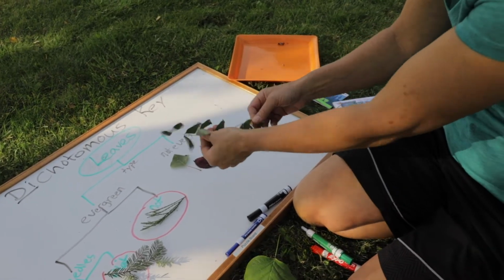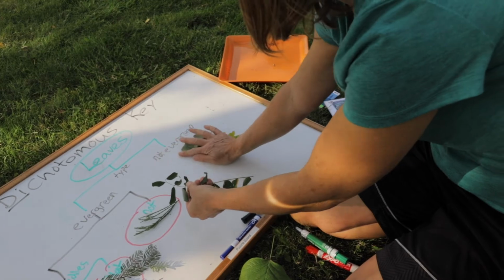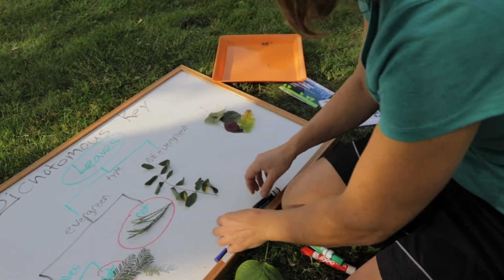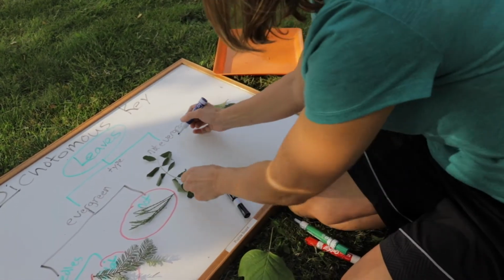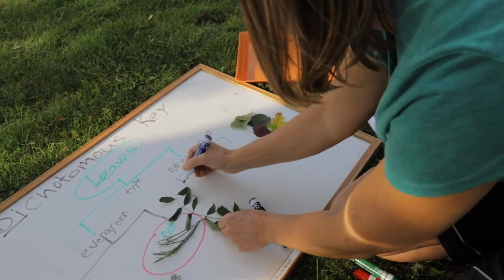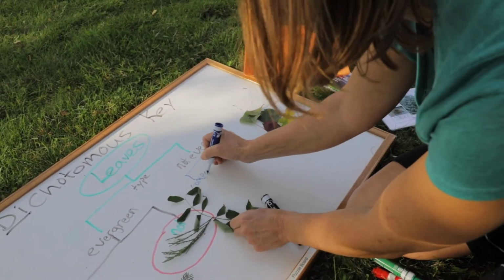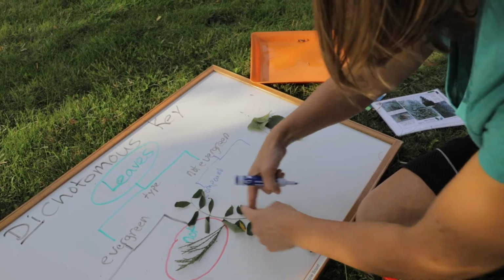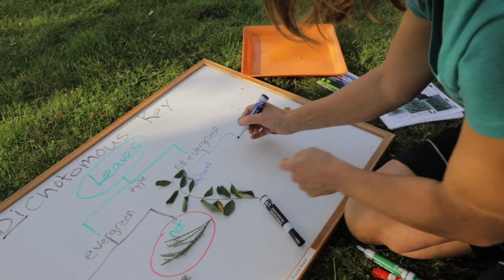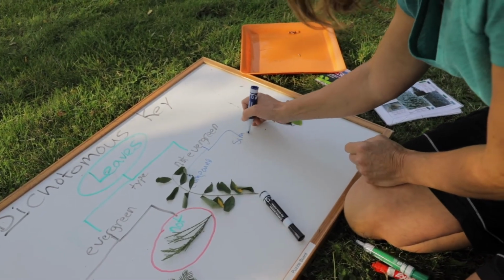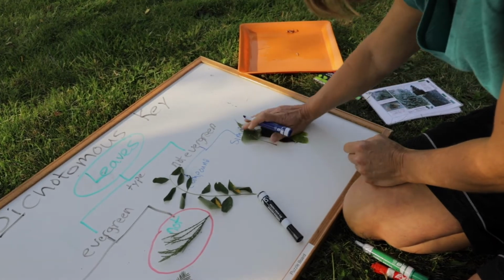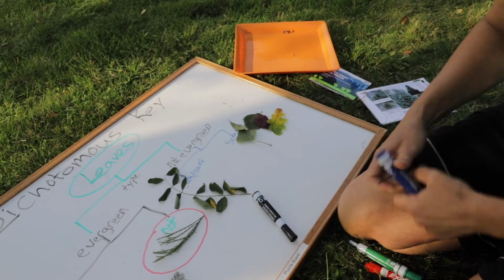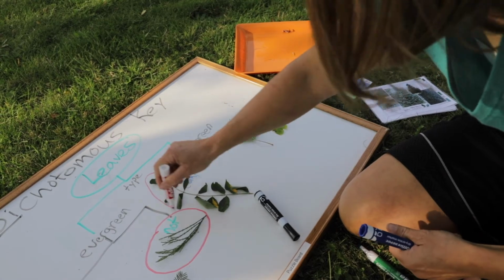So this is called a compound leaf, and these are simple. So I'm going to divide these up right here like this. This is a compound because they have multiple leaflets to form the whole leaf. And this is called simple because it's just one single blade for the leaf. So that makes this one all by itself.